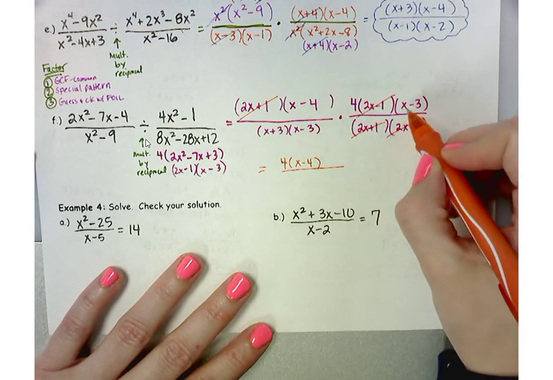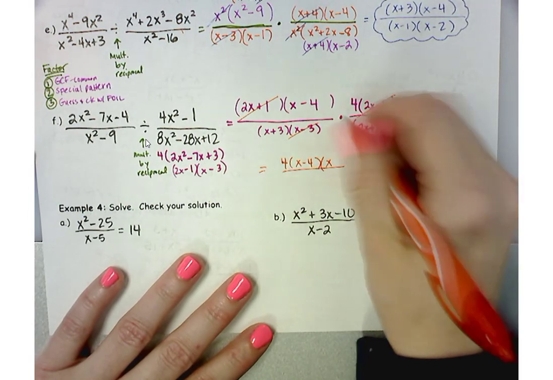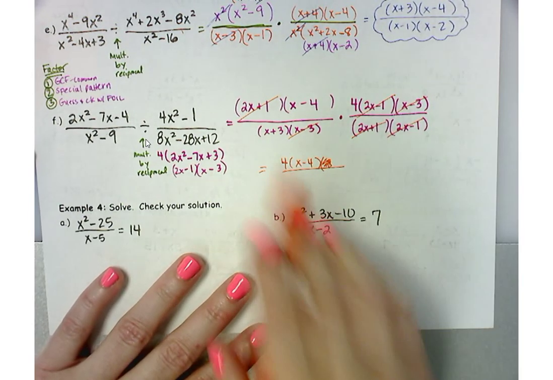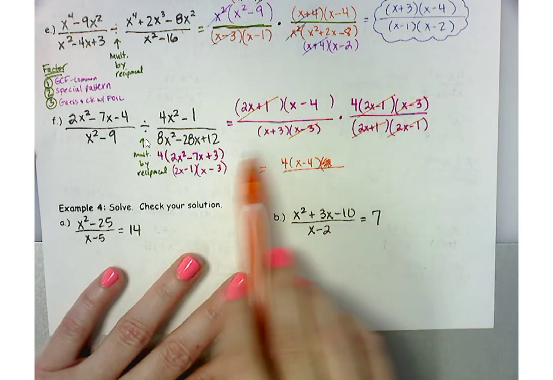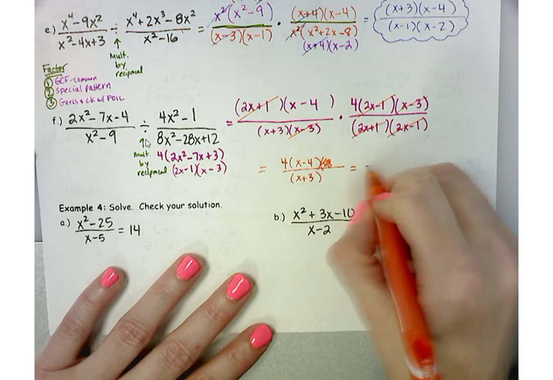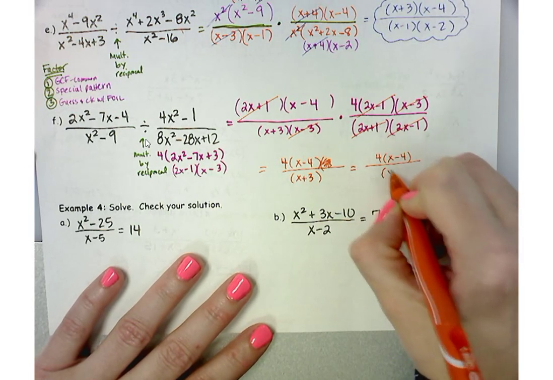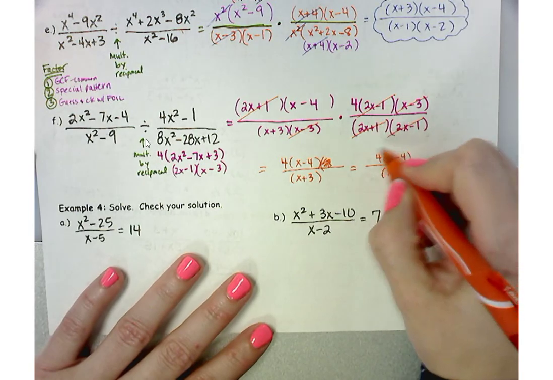Okay, now for example 4, it says to solve and then check your solution. When you are checking your solution, you want to look out for restrictions that are in the domain, okay?